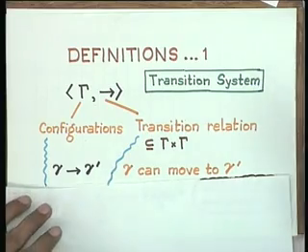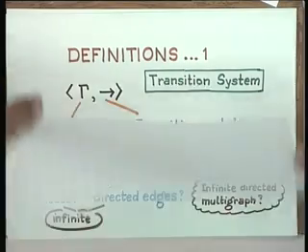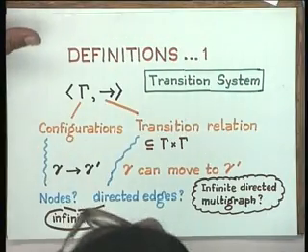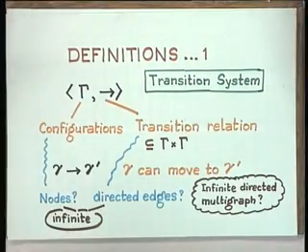And you can think about any transition system as essentially being some form of a multigraph, where the configurations are the nodes of the graph or the vertices of the graph, but the configurations need not be finite. And neither is the arrow relation, the transition relation, finite.